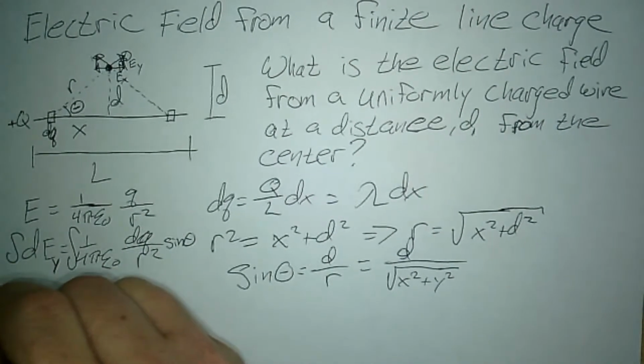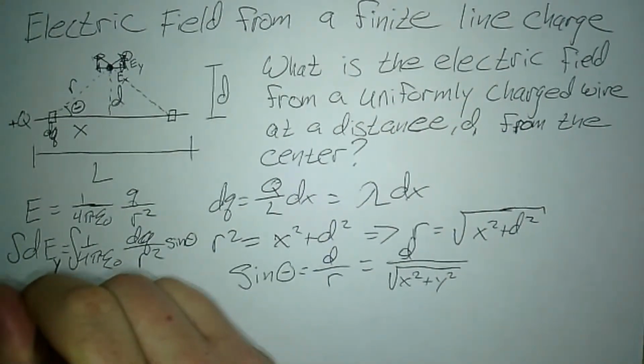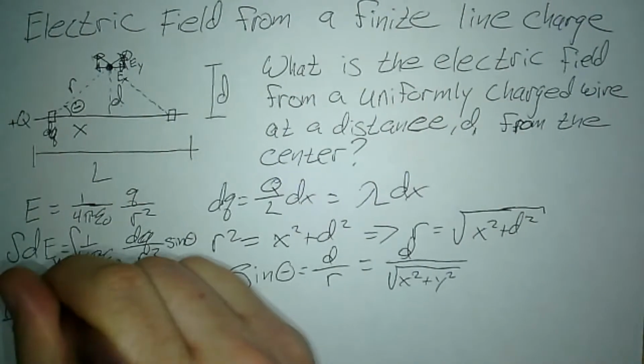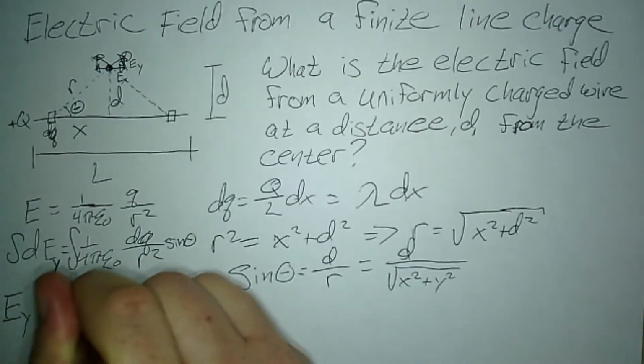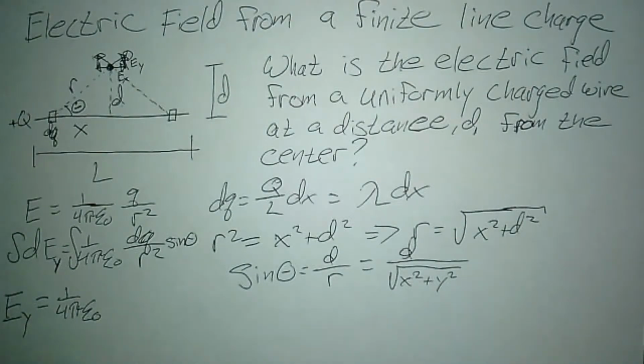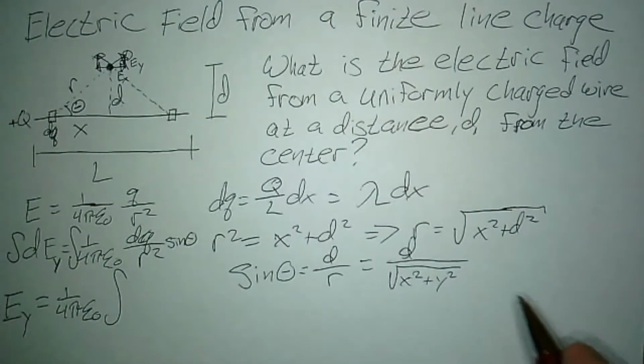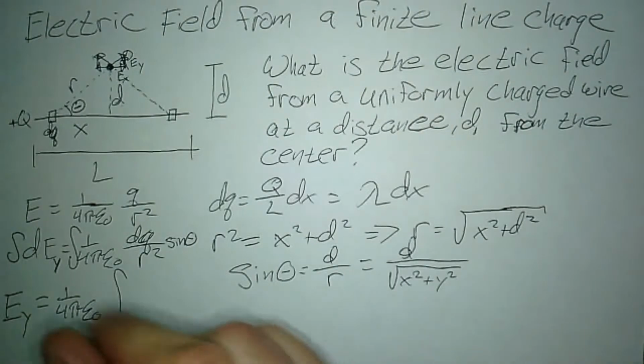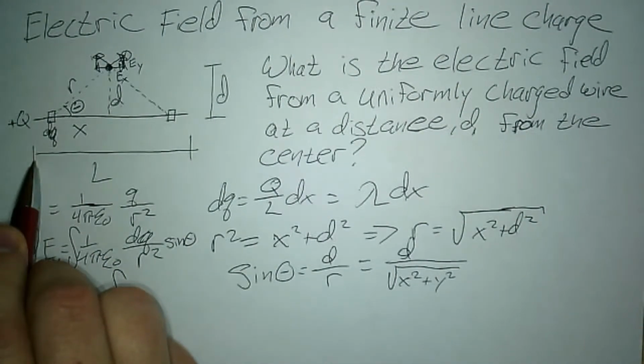So I'm just going to integrate to get electric field in the y direction, which is my total electric field actually. It's 1 over 4 pi epsilon naught times the integral. We should put bounds on our integral too. We're integrating from minus L over 2 to L over 2.